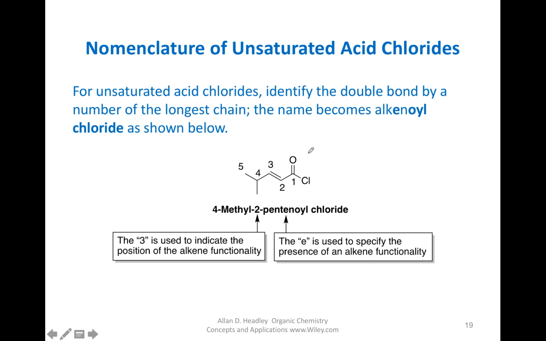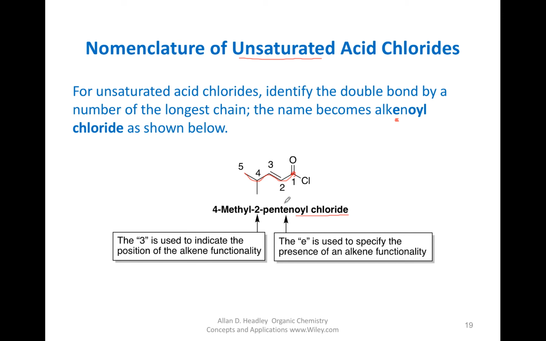As we said earlier, no surprise here. If you have a double bond or an unsaturation in your acid chloride, you have a systematic way of doing it. You just change the A to an E as shown here and indicate its position. So we go 1, this carbon is a starting point, and it has 5 carbons, so it's a pentanoyl chloride.